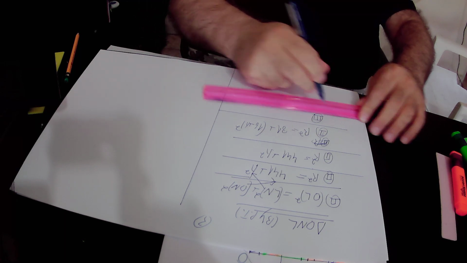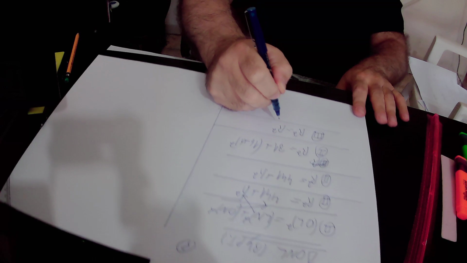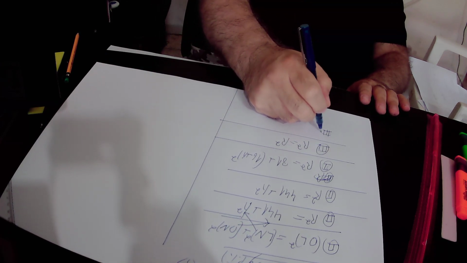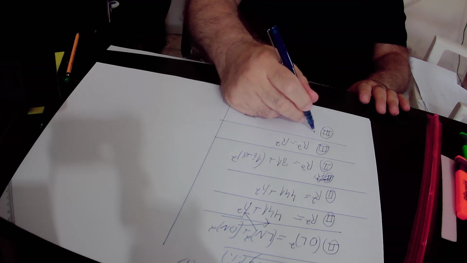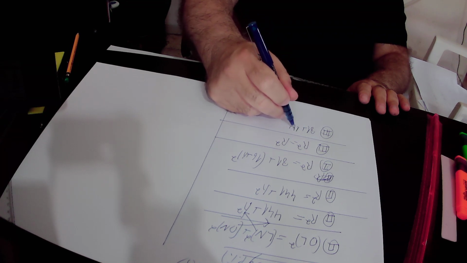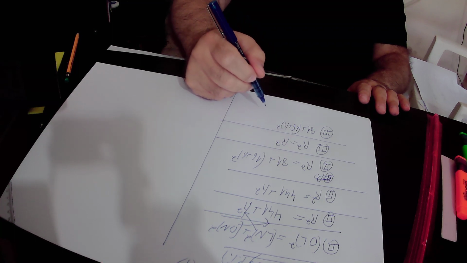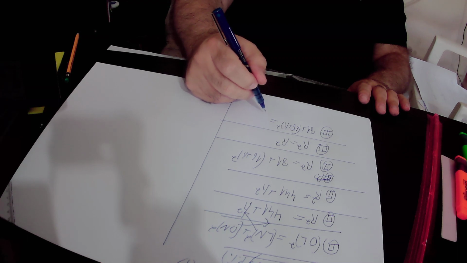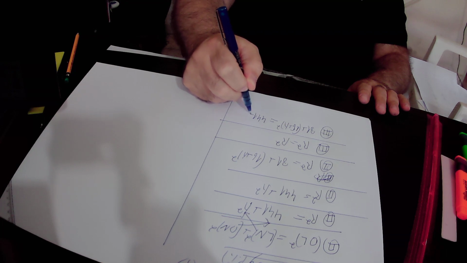So here R squared according to equation number 1 is 81 plus (16 plus h) squared, and it must be equal to R squared according to equation number 2, that is 441 plus h squared.